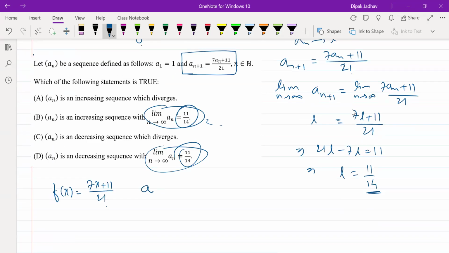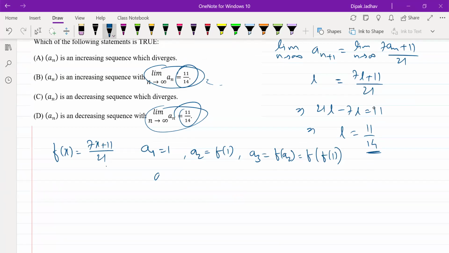Then we observe that a_1 is 1 and a_2 is f of 1. What is a_3? a_3 is f of a_2, a_4 is f of a_3, and so on.